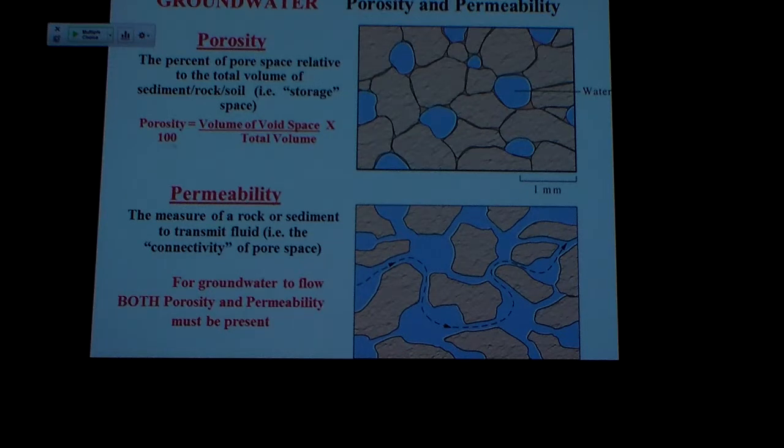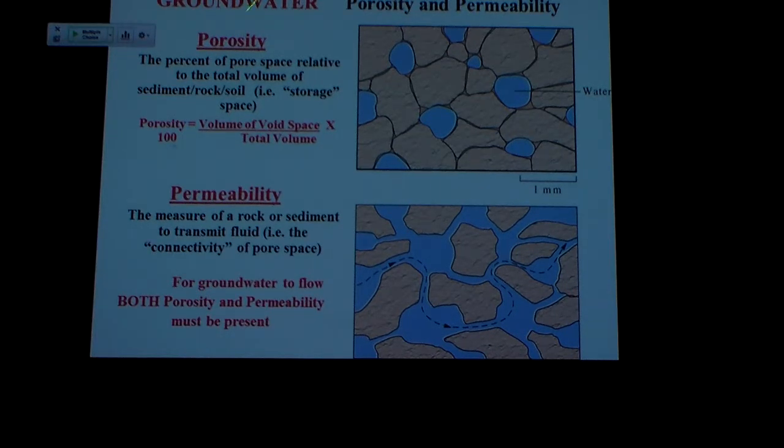And permeability is simply a measure of how interconnected these pore spaces are. This way, it allows that fluid to move through the rock, to be transmitted to the well, to be withdrawn from the aquifer. If you can't get it out, it isn't going to do you much good, right?